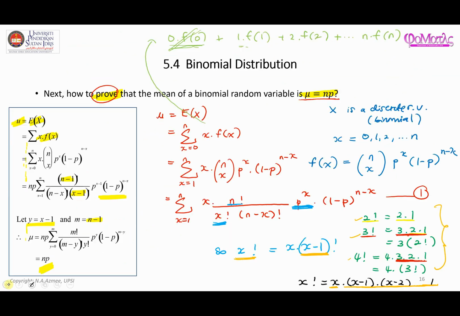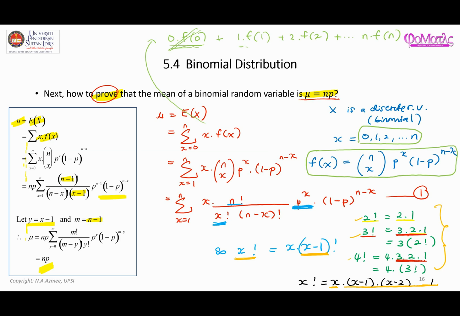We have seen this given right here. It's a binomial distribution, and we know that if it is a probability distribution, if you sum up all the probabilities from 0 until n, the result is going to be equal to 1. That is the characteristic of a probability distribution, which you have learned in chapter 3.